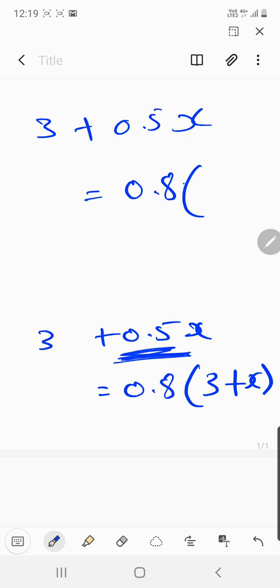I think what this means is this equation assumes that this is 3 liters of tea and not milk. So this assumes that this is 100% of tea.